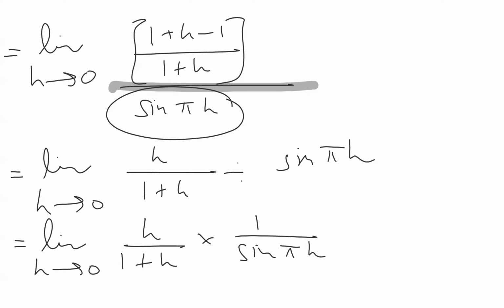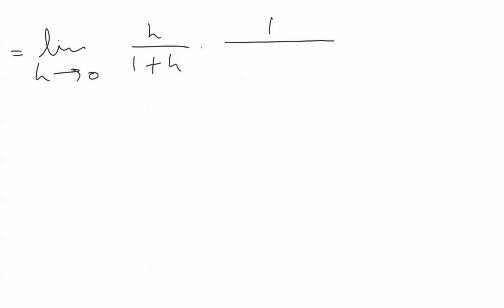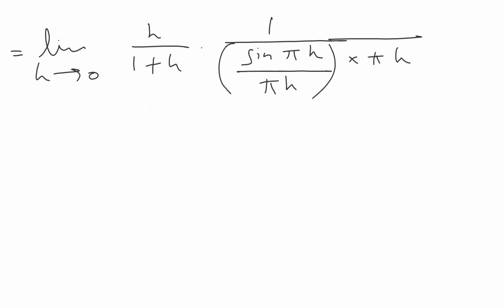Okay, the angle over here is pi h, so we'll multiply and divide with pi h. Fine. So limit h approaching 0, h upon 1 plus h, 1 upon sine pi h, down pi h into pi h. Multiply and divide by pi h in the denominator, so that for sine we can apply the formula. Now sine pi h upon pi h, as h approaches 0, will give us 1.